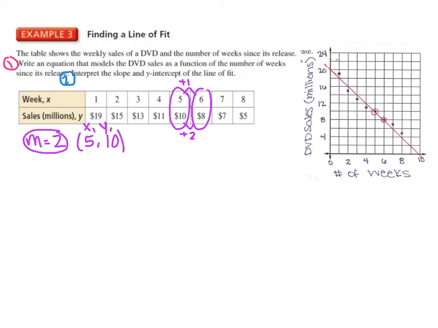Then I need to write the equation of the line with a slope of 2 that goes through that point. So I use the letter y. The opposite of y1 would be minus 10. m is 2 times, in parentheses, the letter x, and the opposite of my x1 is minus 5. If I distribute, I get 2x minus 10. And finally, add 10 to both sides.